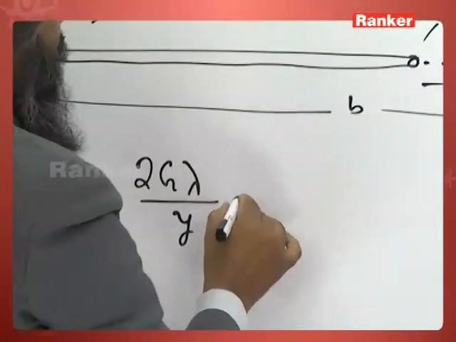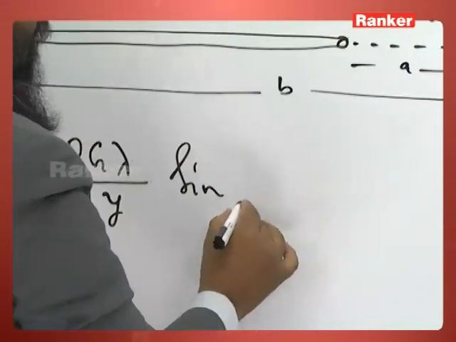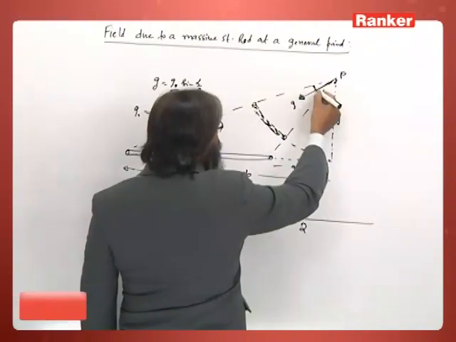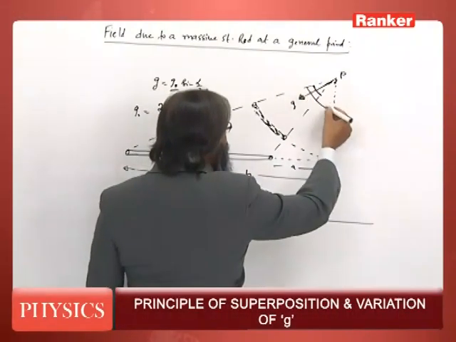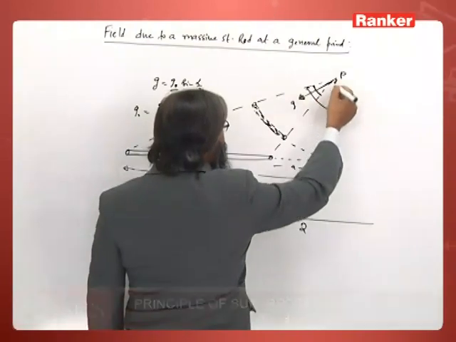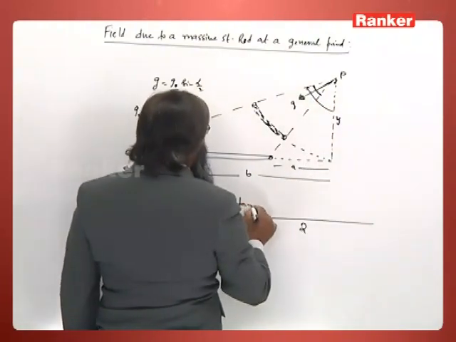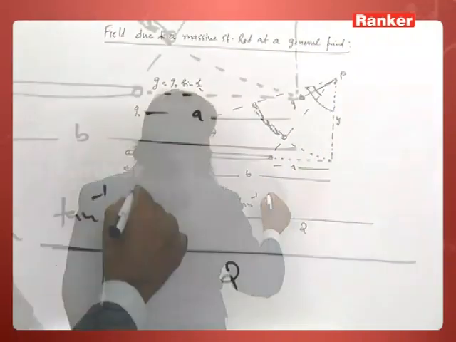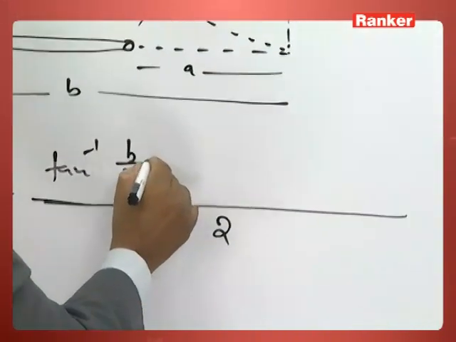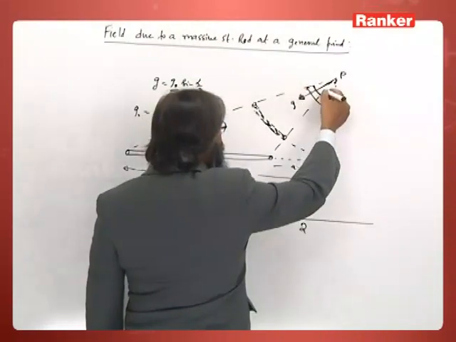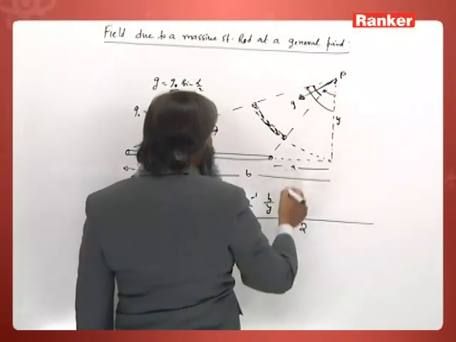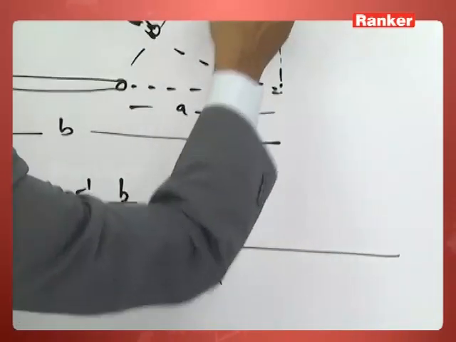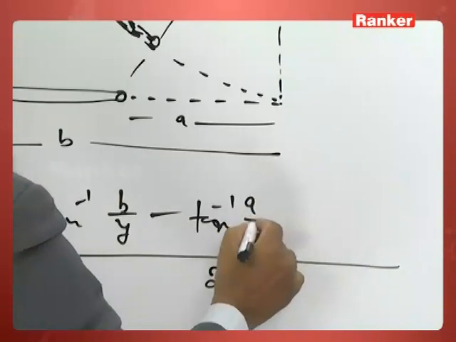Then sine of alpha by 2, so sine of some angle. What angle? This angle, this total angle. This total angle can be written as tan inverse B by y, this total angle minus this small angle, so minus tan inverse A by y.